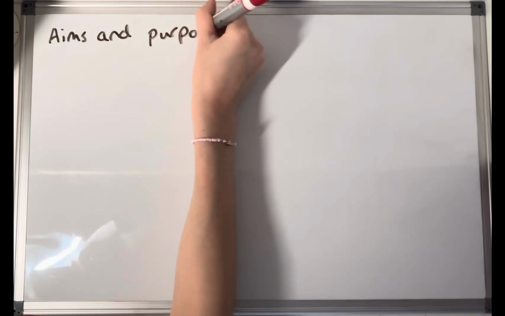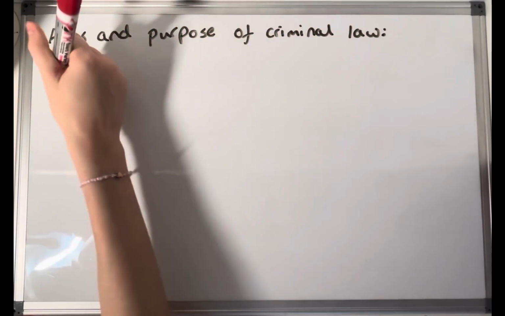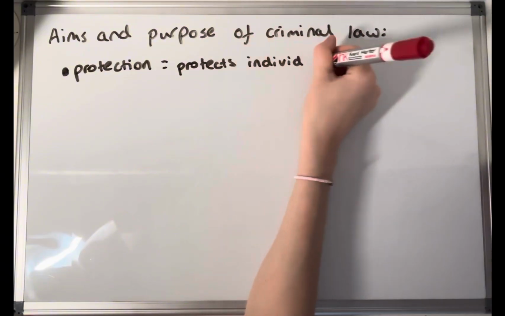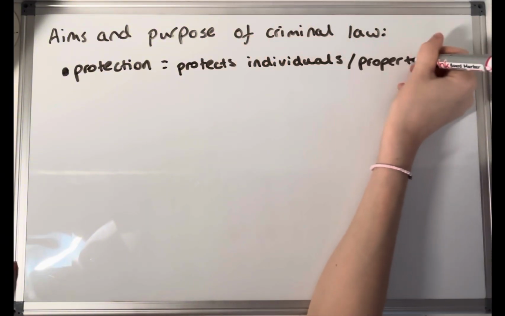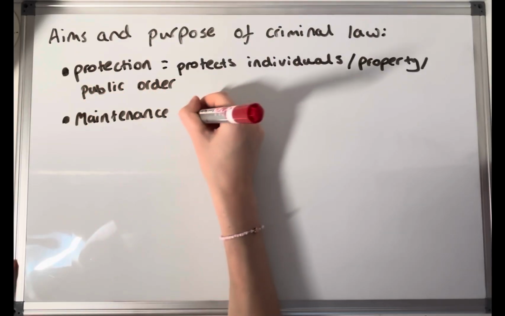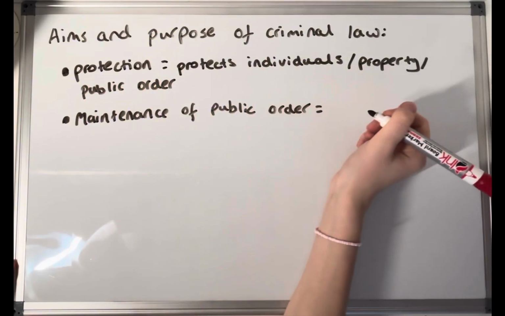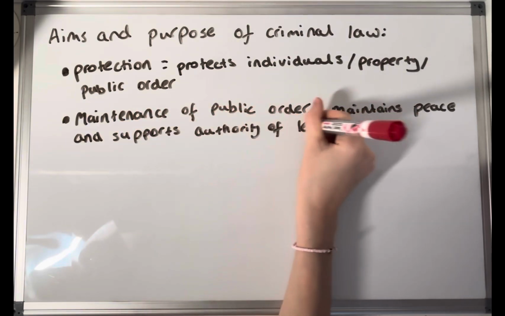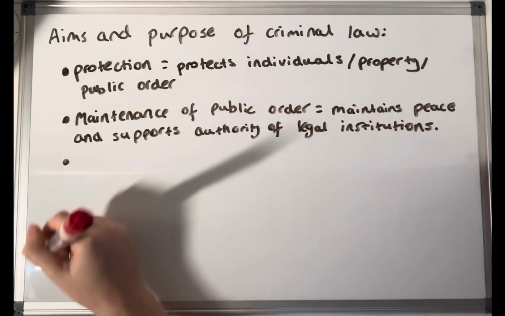Next, we'll be looking at the aims and purpose of criminal law. Firstly, we have protection, so it simply protects individuals, protects property and the public. Next is maintenance of public order, which maintains peace and supports the authority of legal institutions.